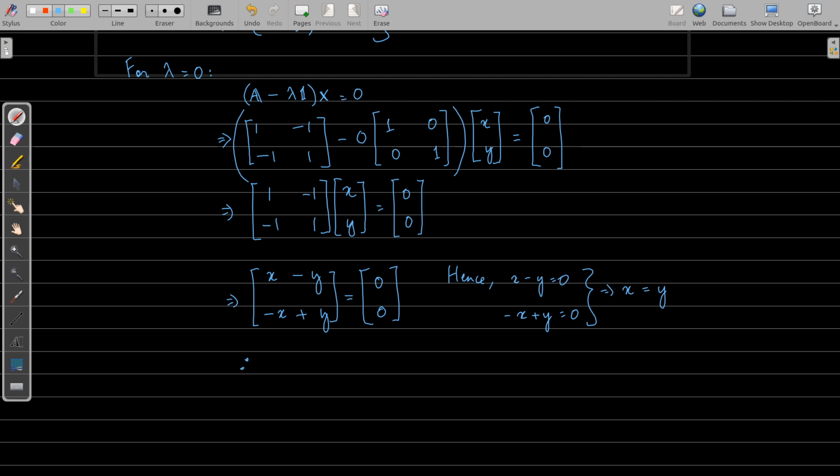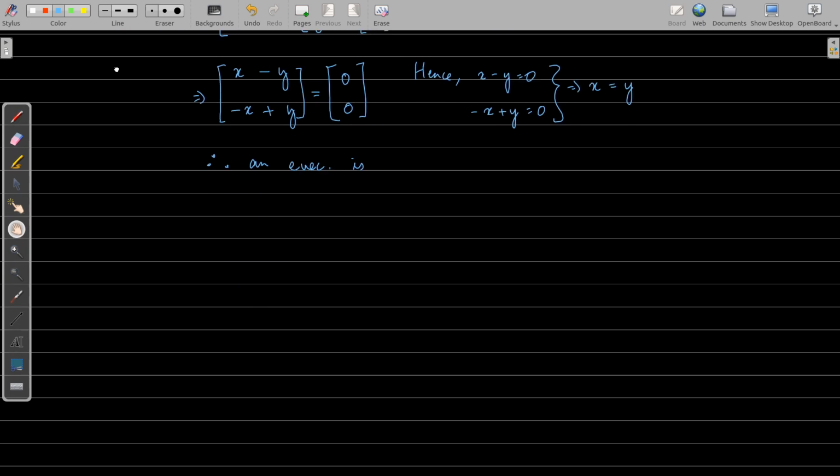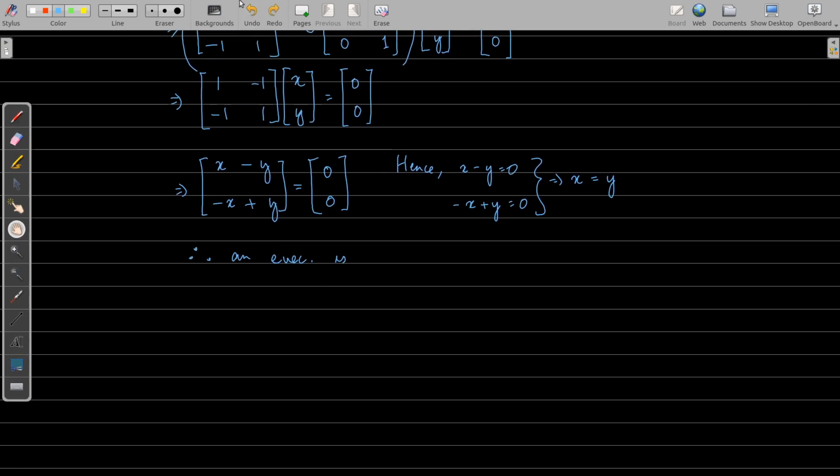So therefore an eigenvector could be 1, 1, because in this case x is equal to 1.